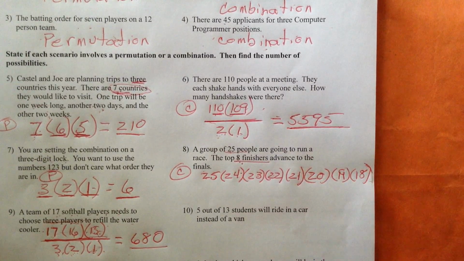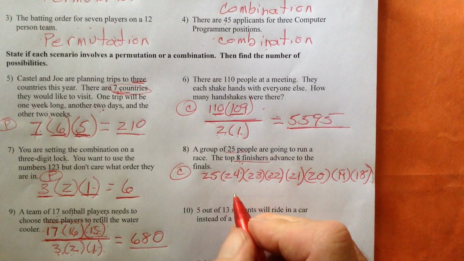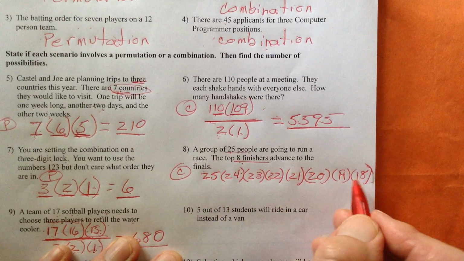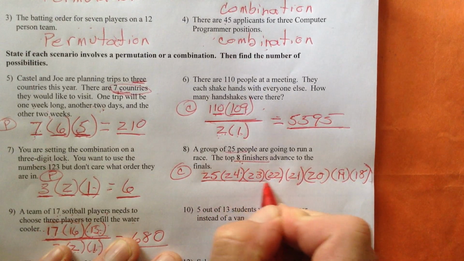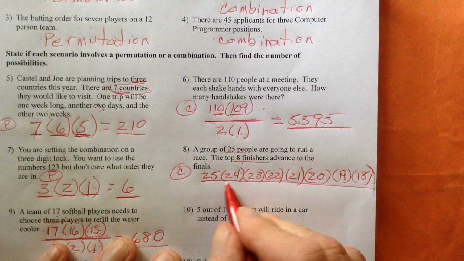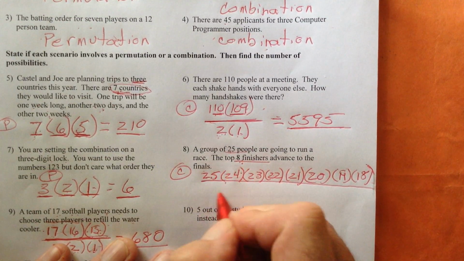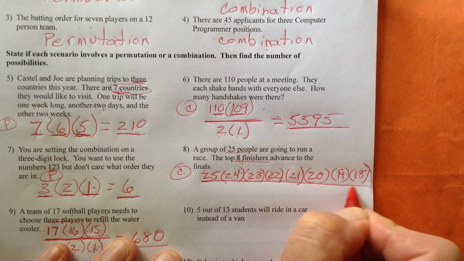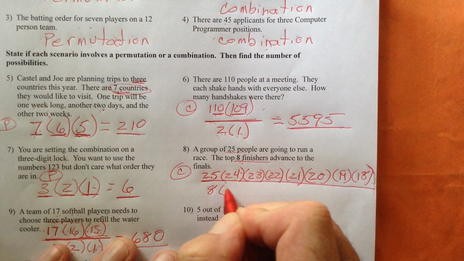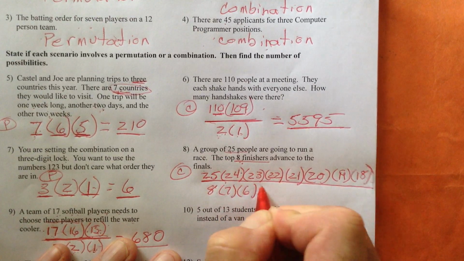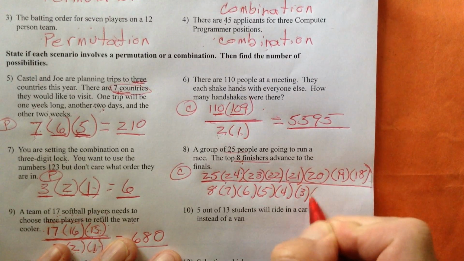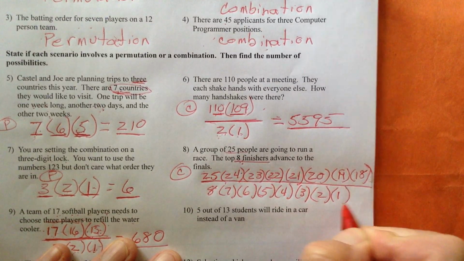Now you can see why I skipped this one to start with. So that will give you the permutation, but this is a combination. The total doesn't matter. So I got 8 positions. So here, to divide the permutation to find the combinations, you got to go 8 times 7 times 6 times 5 times 4 times 3 times 2 times 1.